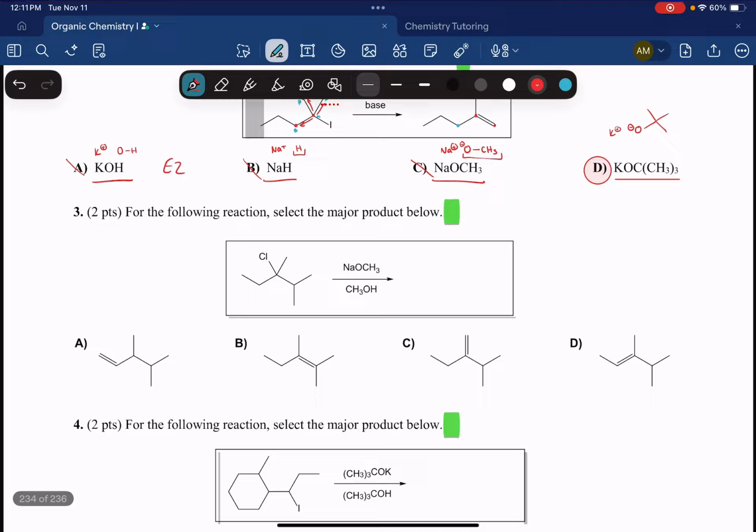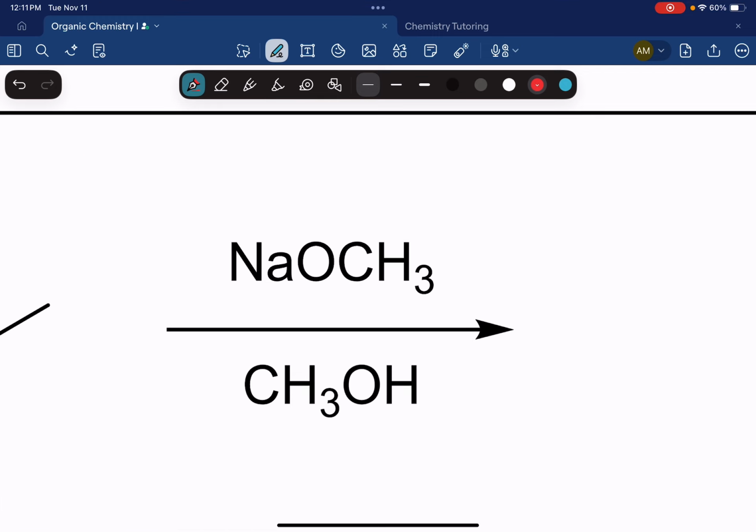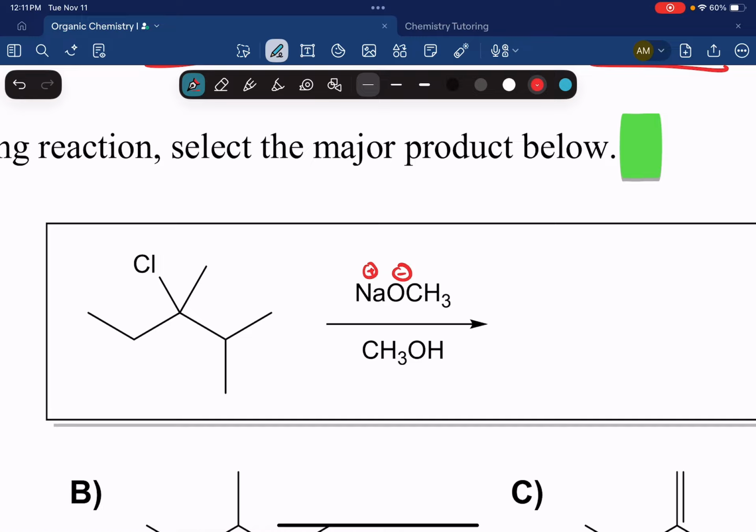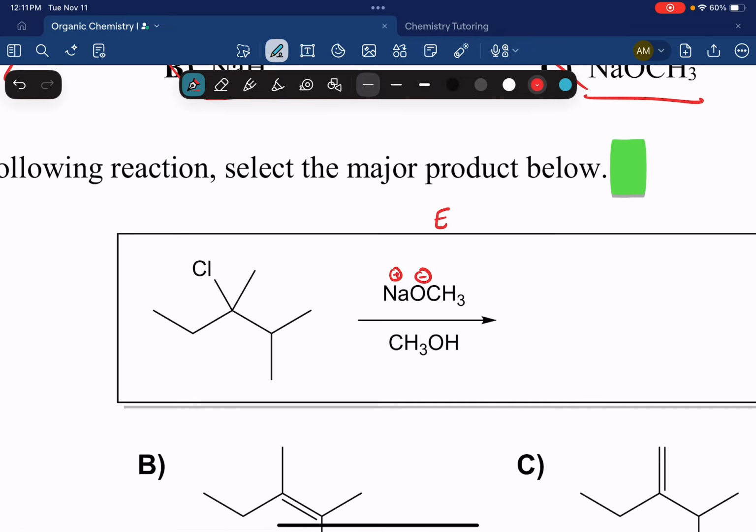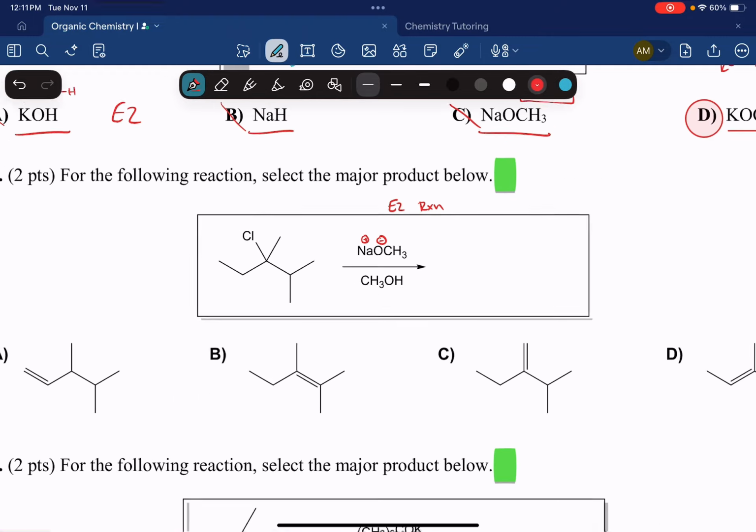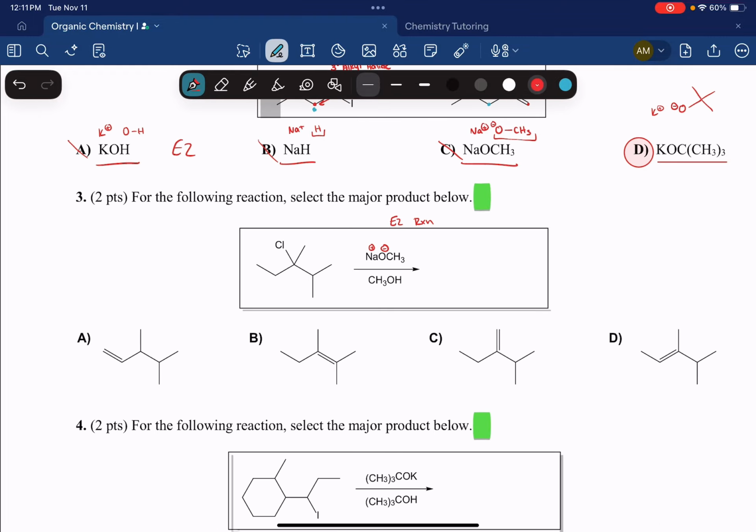Okay, now let's look here. So, I've got what kind of base? This is a strong base, right? Strong base, E2 reaction. Okay?